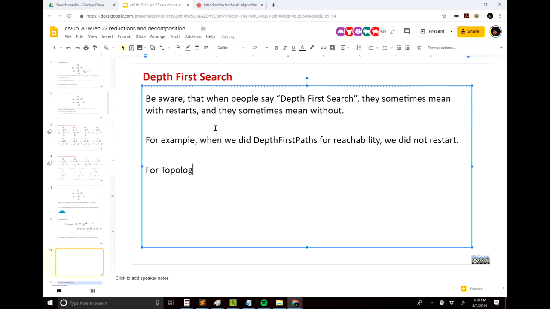For topological sort, we restarted from every vertex with in degree 0. Okay? So just be aware that depth first search is a generic term that refers to both of those things. It's context sensitive. So if you ever ask a TA, does depth first search mean it restarts or not? The answer is undefined. You have to actually also say that. Yeah.